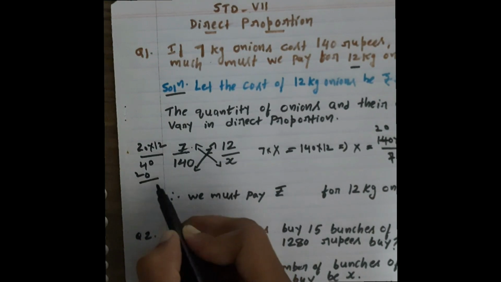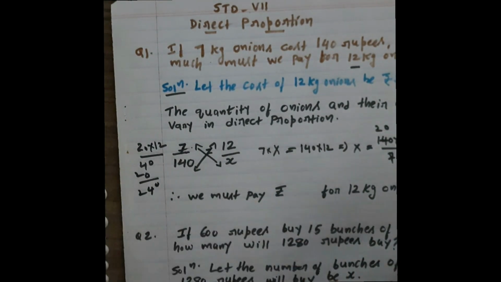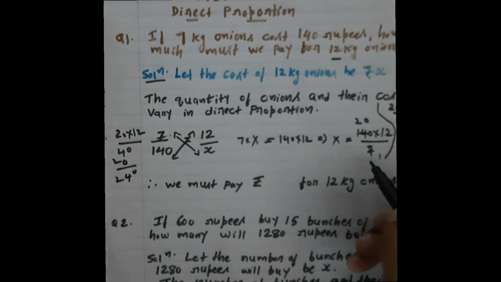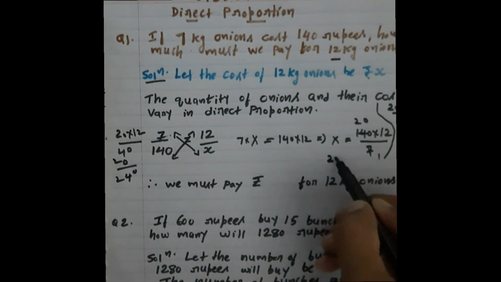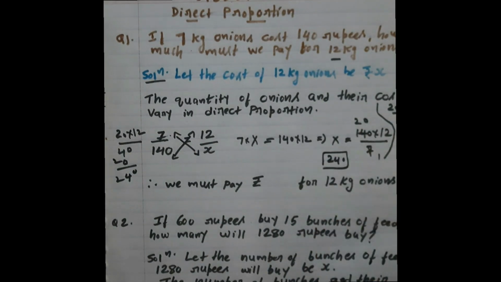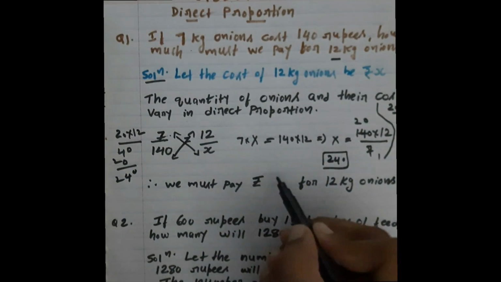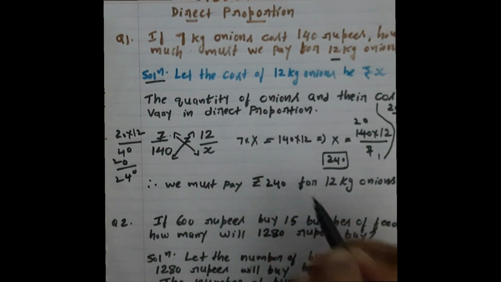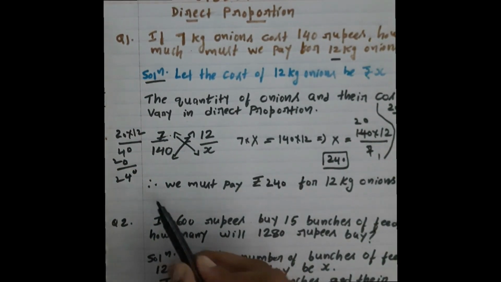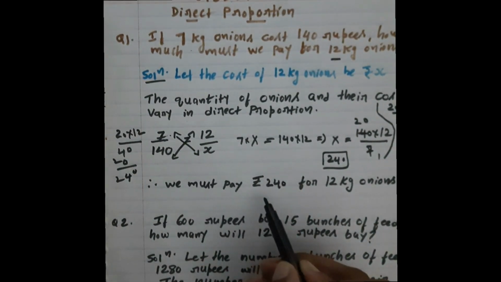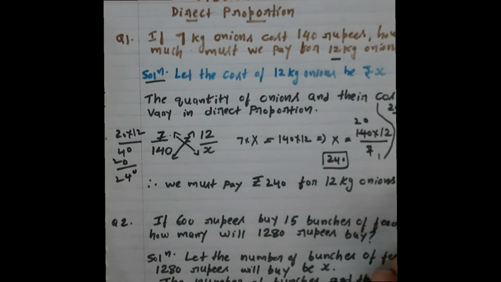So 0, no number is there, 0, 4 plus 0 is 4, 2 is there, 2. How much is the answer we got here? 240 rupees we got. So 12 kg onion cost is rupees 240. Therefore, we must pay rupees 240 for 12 kg onion.